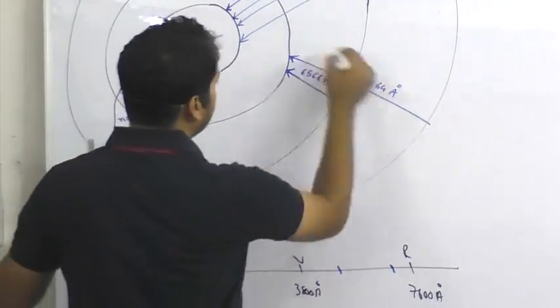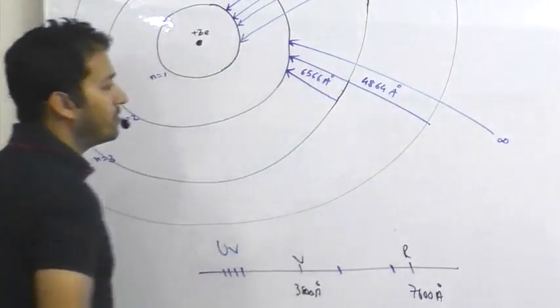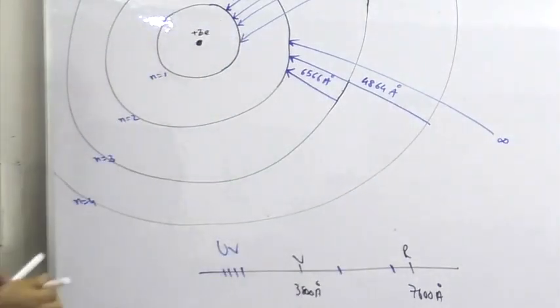So this is a visible photon, right? So tell me the series limit. Tell me the series limit from infinity if it is jumping to 2. What is the series limit?